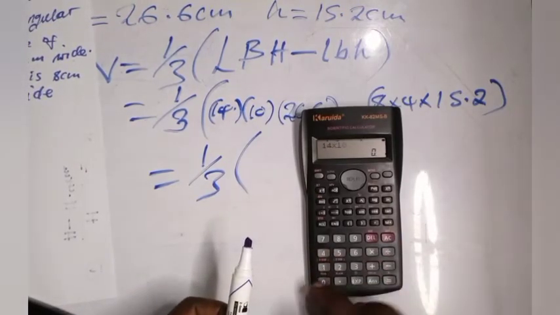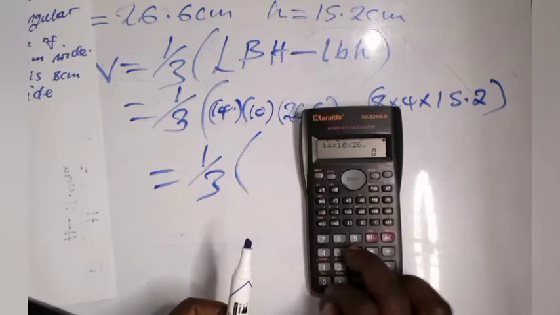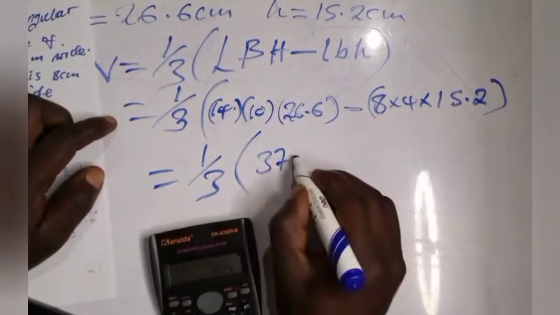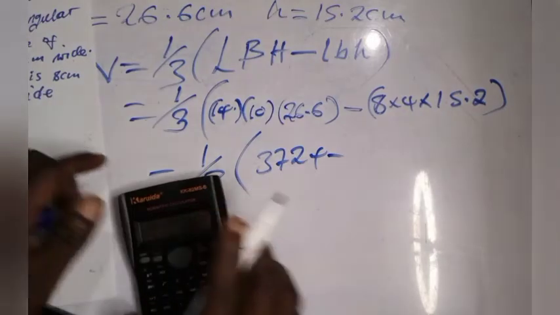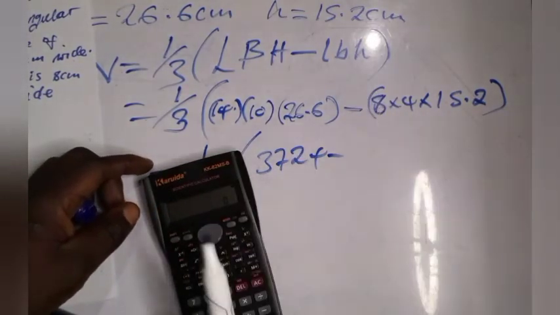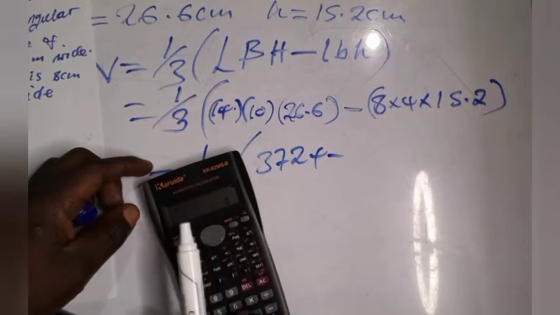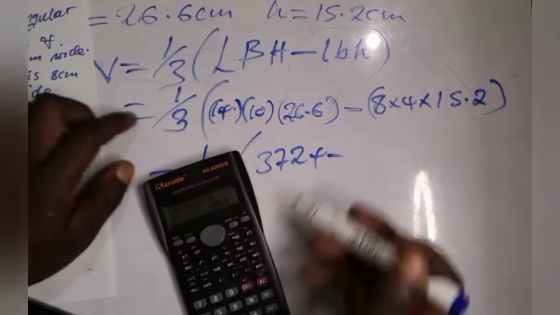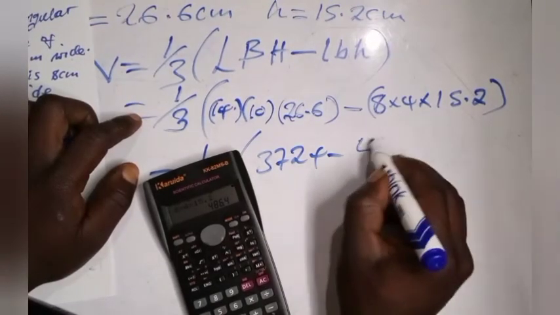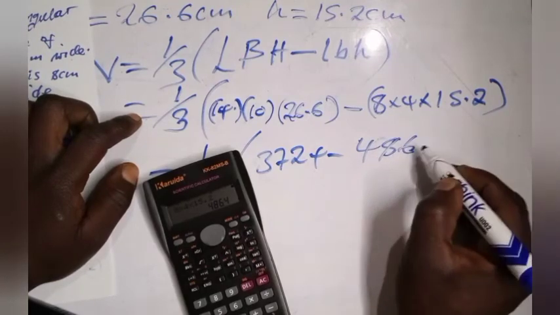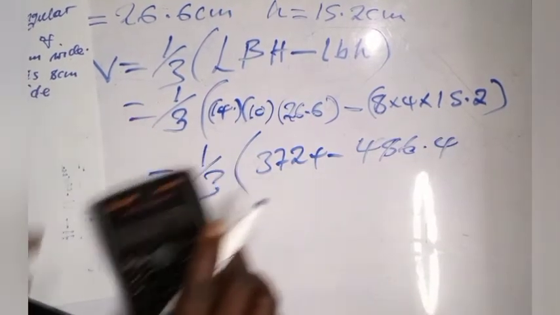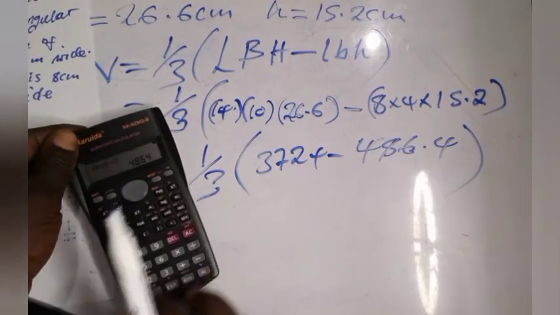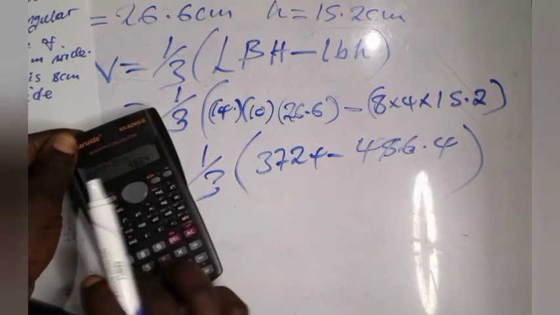14 times 10 times 26.6, we are going to have 3724 minus, when you multiply also here 8 times 4 times 15.2, then we are going to have 486.4. Then let's subtract from 3724.